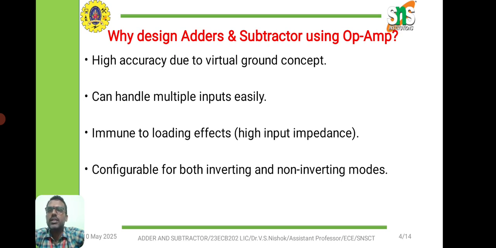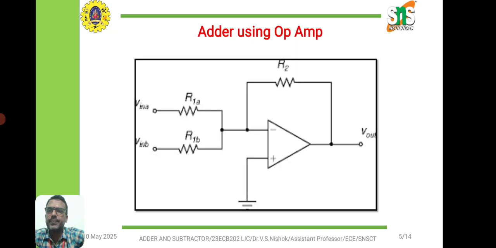Here, virtual ground represents the concept that if the voltage given to any input terminal is equal to 0, the voltage at the opposite input terminal will also be equal to 0. That is the virtual ground concept. This makes the calculation of the output easier, and that is why we are using summing amplifier and differential amplifier circuits with the operational amplifier.